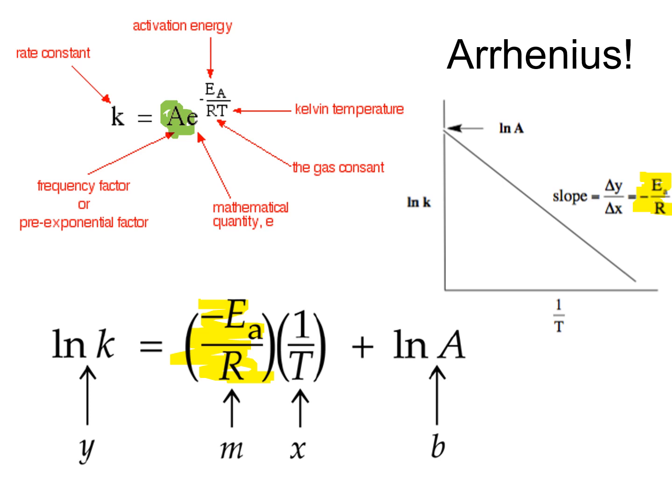So if you have, let's say, 5 different experiments with 5 different temperatures and 5 different values of K, you could put them in a graph. You know that it's supposed to be linear, so you can put a trend line into it and determine the activation energy through that.